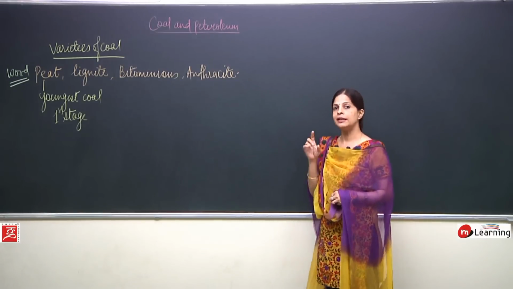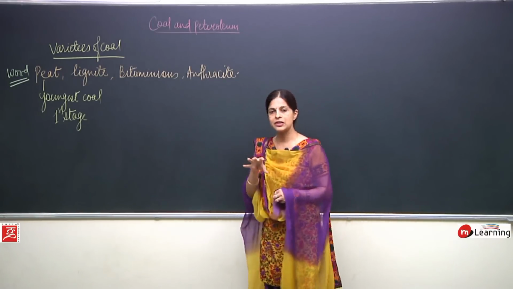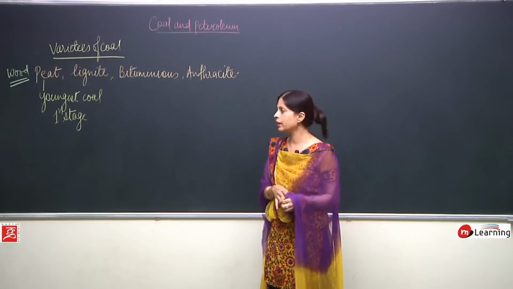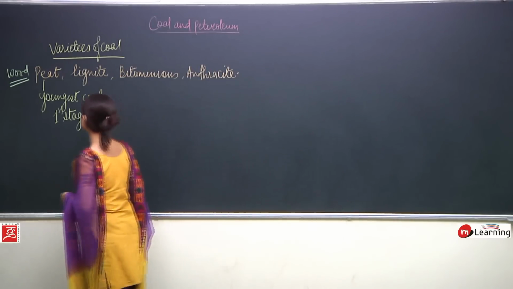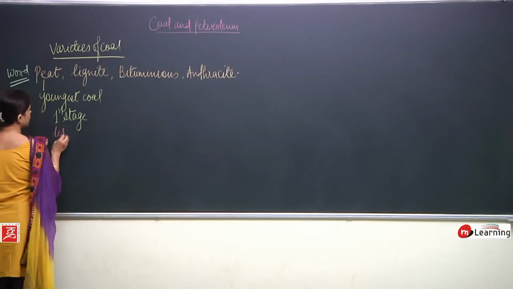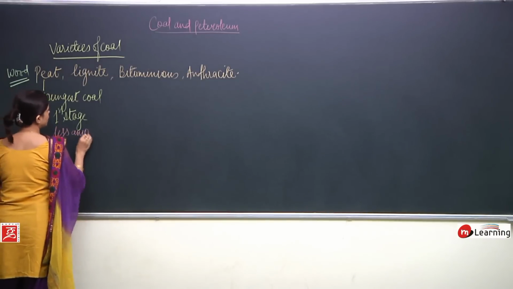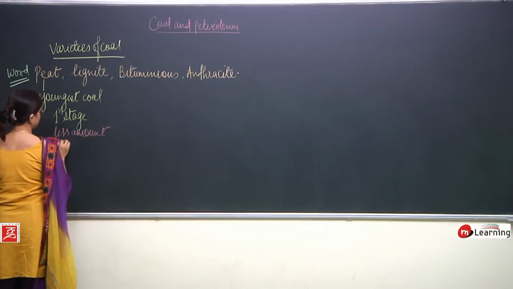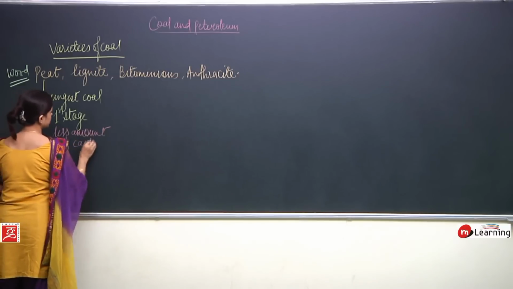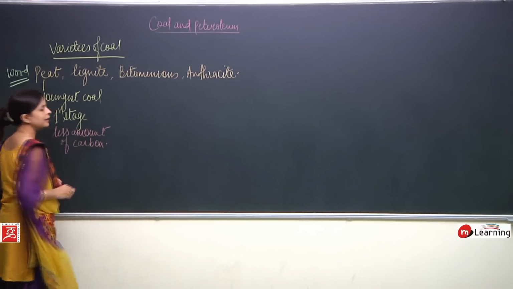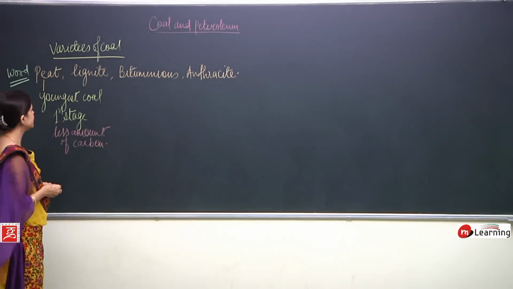So peat is the youngest coal, and it has a lesser amount of carbon present.